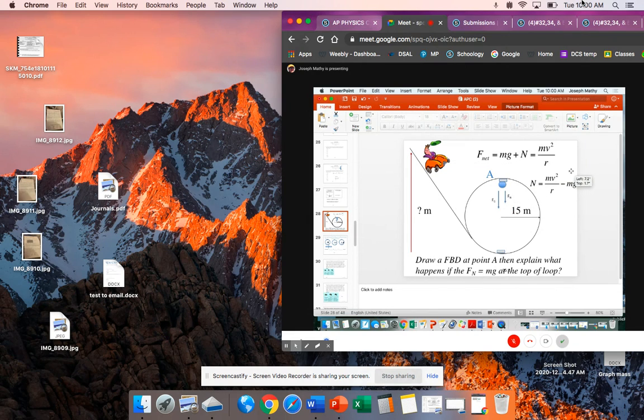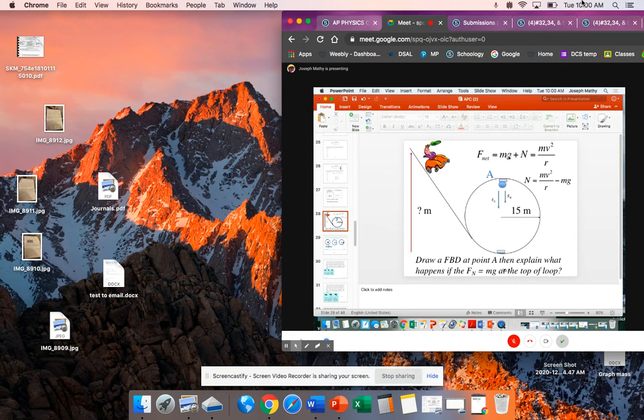Okay. Look what I've done now. What I've done now is I have chosen to analyze the limiting factor. The limiting factor for how this thing is going to go over here is the normal force.